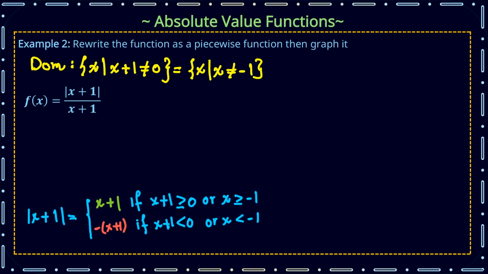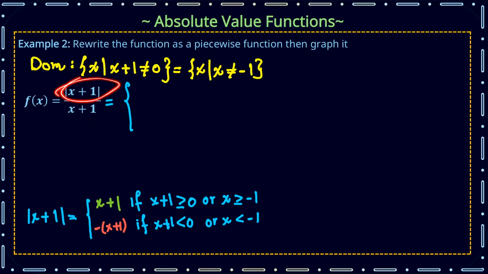Now let's go back to our function. What we are going to do is take the definition for absolute value of x plus 1 and divide these by x plus 1.